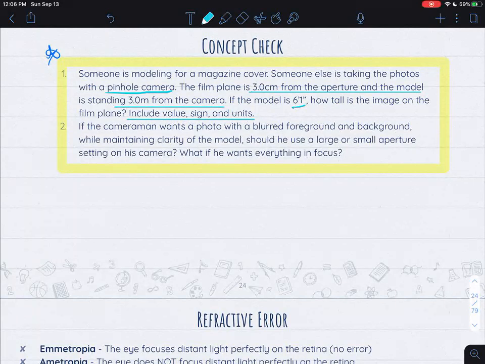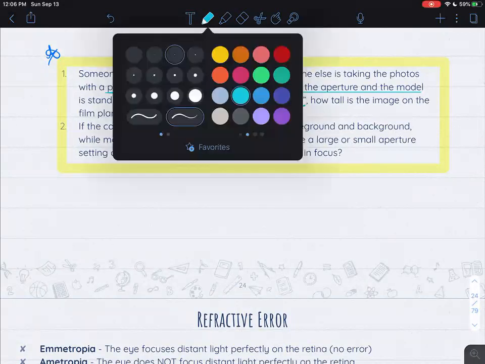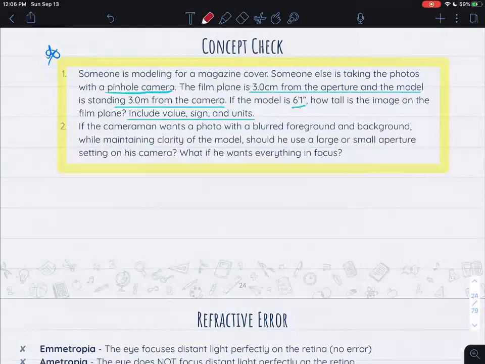Obviously it has a value, but the sign is going to be positive or negative, because we know that pinhole cameras create a negative, inverted image. So first things first, I'm just going to tell you guys the conversion for this is 73 inches, which is about 185 centimeters or so.